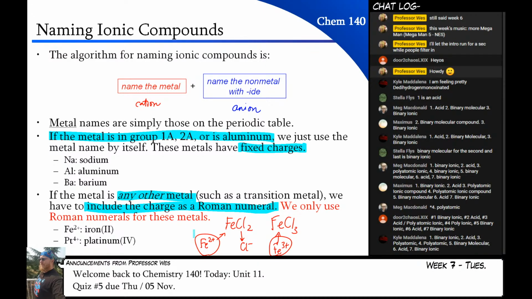So this guy right here, Fe2+, becomes iron with a parentheses and the Roman numeral 2. That would differentiate it from this iron right here, which would be iron, parentheses, Roman numeral 3.